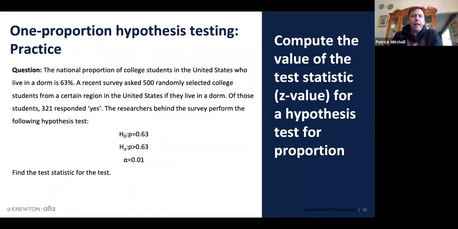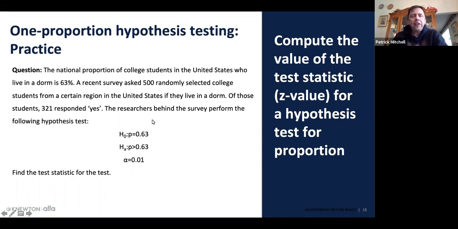The national proportion of college students in the United States who live in a dorm is 63%. A recent survey asked 500 randomly selected college students from a certain region in the United States if they live in a dorm. Of those students, 321 responded yes. The researchers behind the survey performed the following hypothesis test.